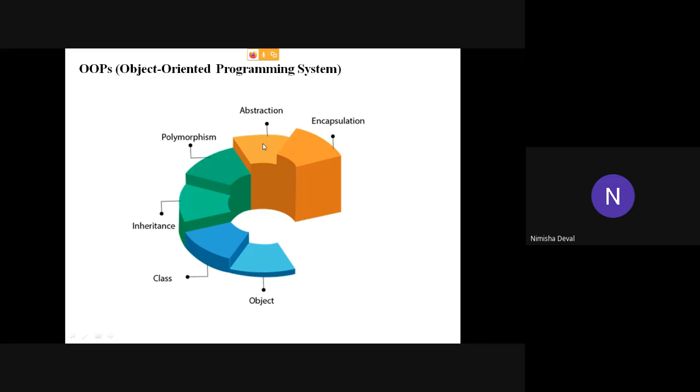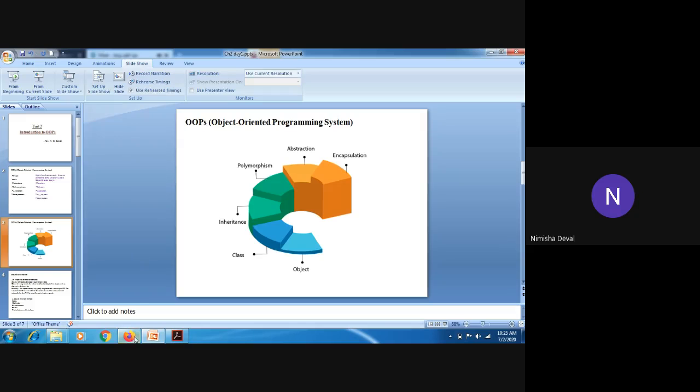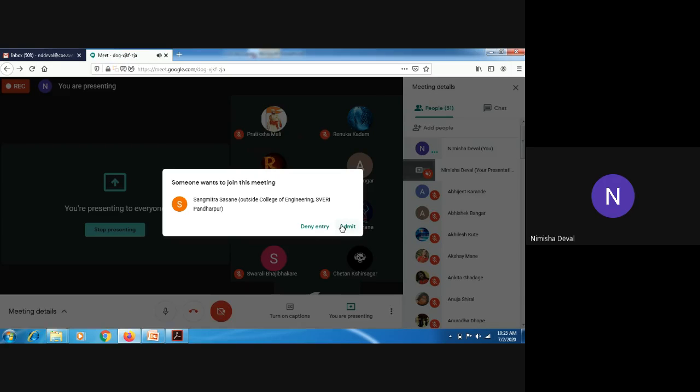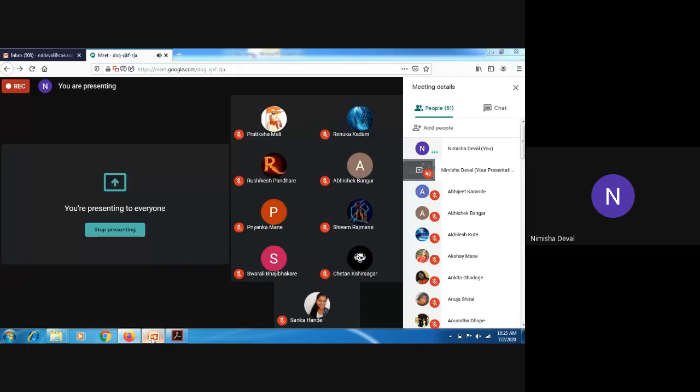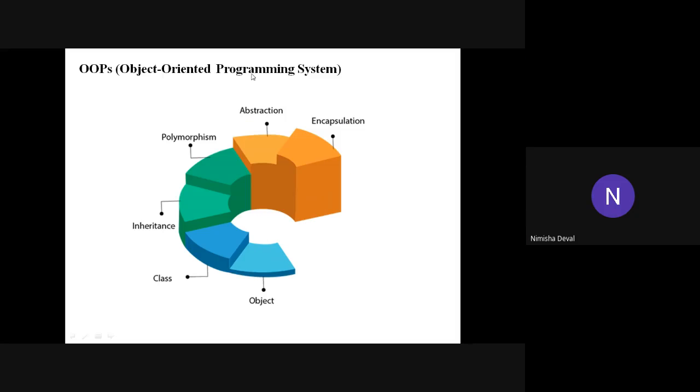As we have seen, abstraction is nothing but hiding internal details and showing functionality. It hides all this process and only implements what is important for the user. Then encapsulation.